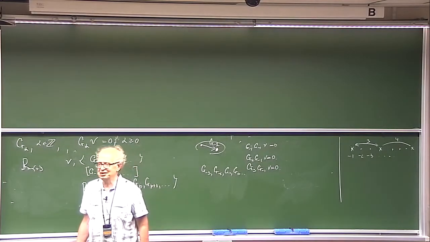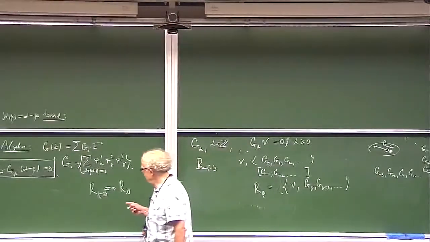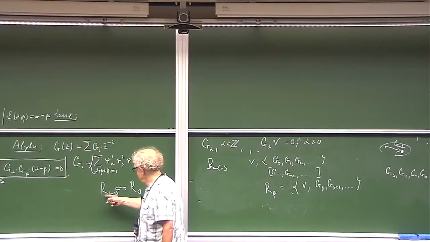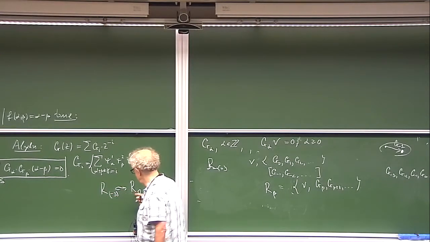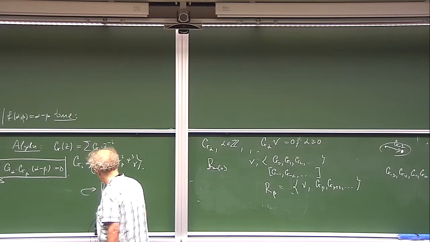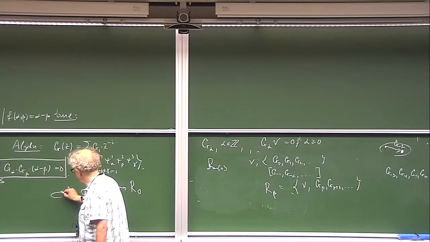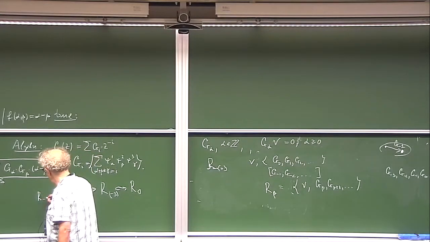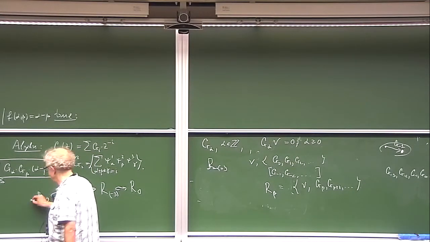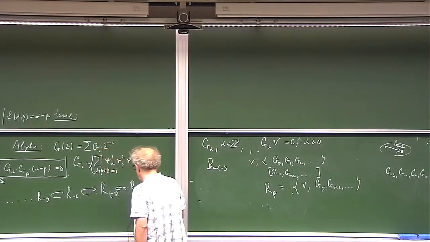If you think a little bit, then it is possible to prove, but it is not trivial. But we can continue this. Here we have an embedding R minus 6. Here we have an embedding R minus 9. And so on. And also we can continue this in the opposite direction.